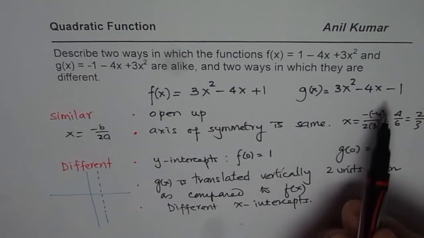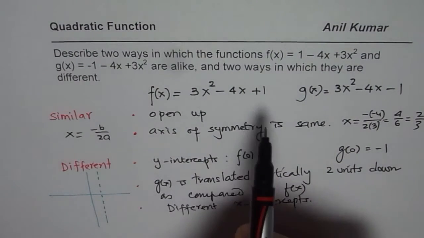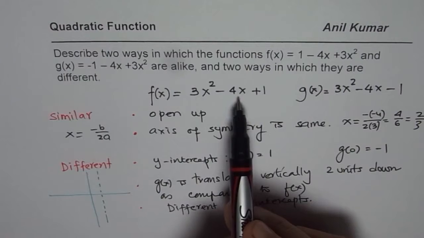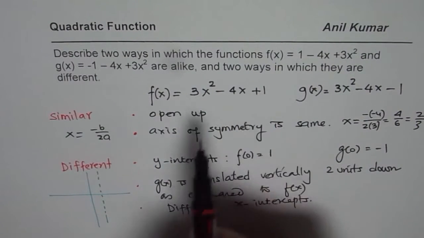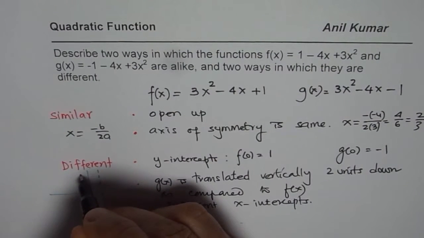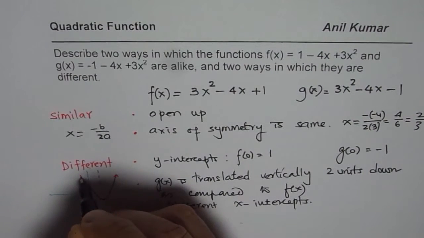However, their y-intercepts are different, right? I'm not very sure where the zeros are. I'm not calculating at present. But since the y-intercept is plus 1 here, right there. I'm just drawing roughly like this. Okay, so that is one of the graphs.